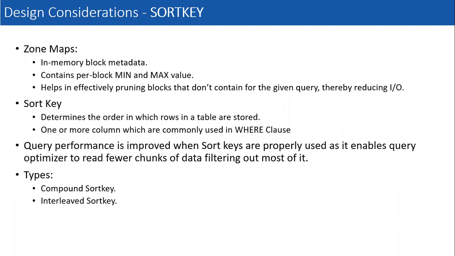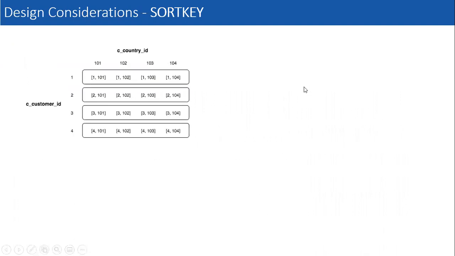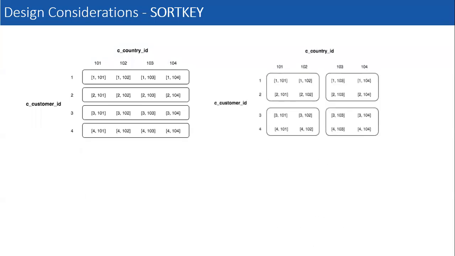When we go into the compound sort key, can you go to the next slide, sir? With a compound sort key, you can select two or more sort keys. Whatever column you choose first will be used to sort the data first. In this case, let's say customer ID is chosen to decide the data that has to be stored in the block.